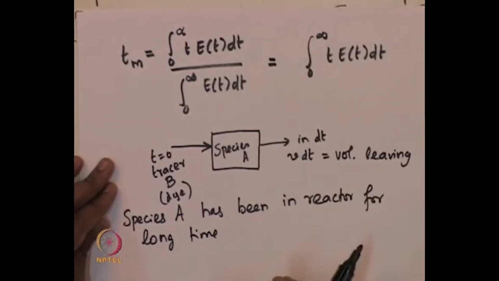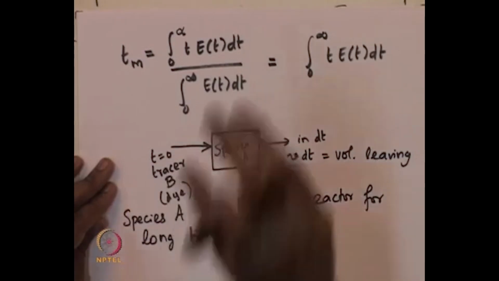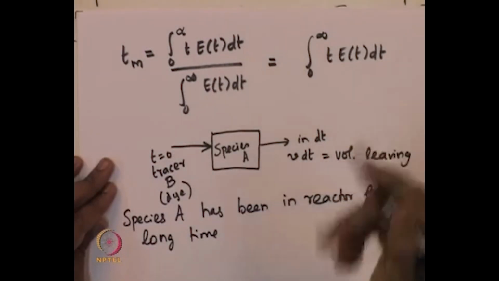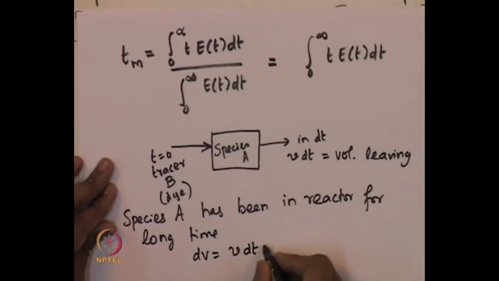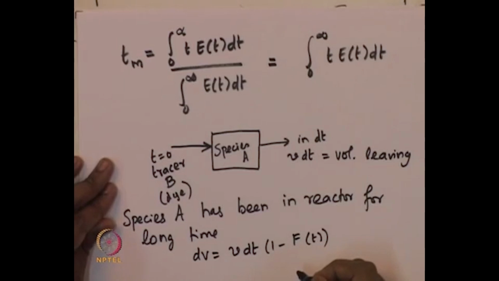If you want to know the volume of species A which is leaving in that time delta t, it will be given by dV, which is equal to the total volume of the fluid leaving the reactor multiplied by 1 minus F of t. F of t is basically the fraction that has been in the reactor for a time less than t.